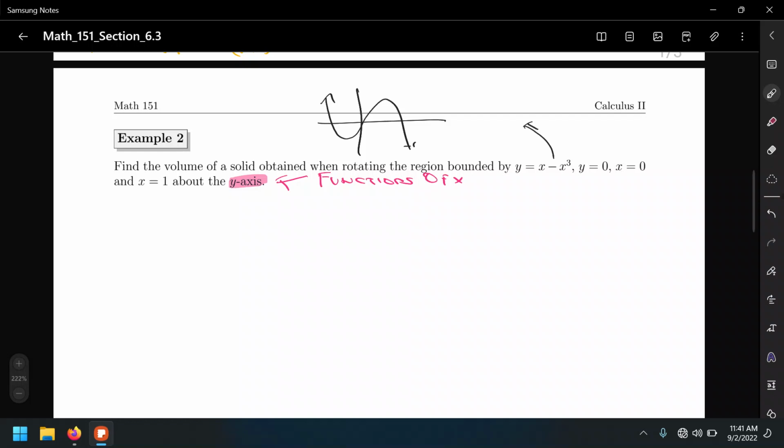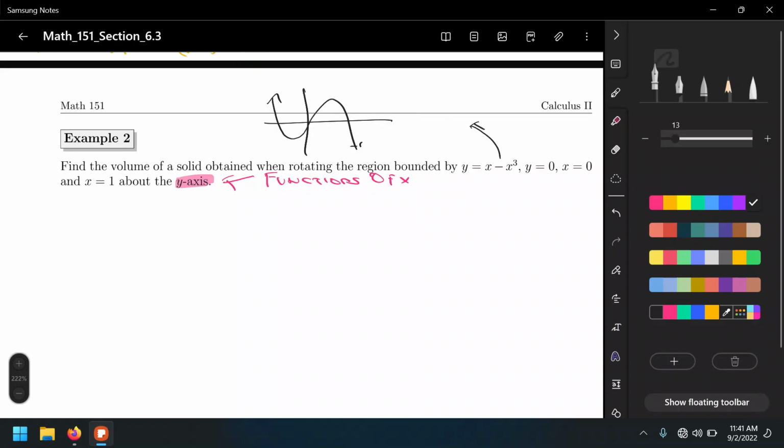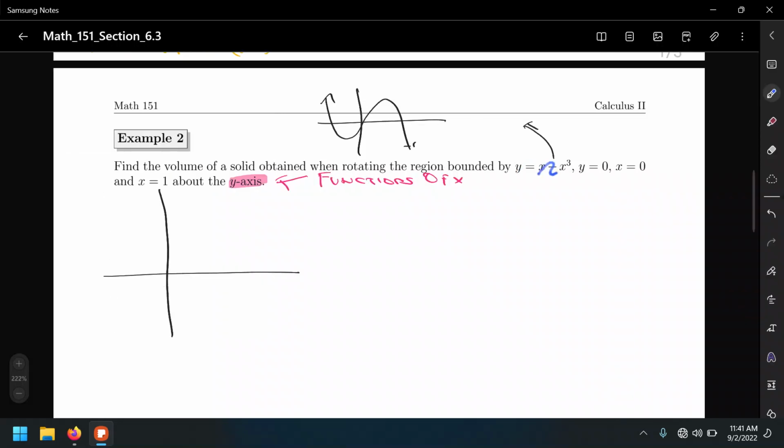On the exam, you will be given a function that is easy to graph, because you're not expected to know how to graph this off the top of your head. So for the example, I'll give it to you, but I'm not going to draw the entire graph because of the limits of integration. So y equals 0, that's the x-axis.